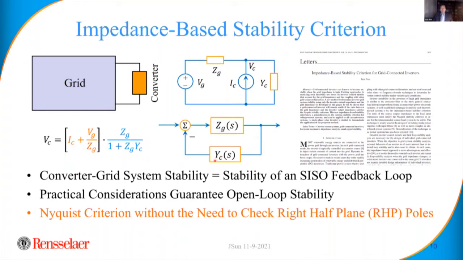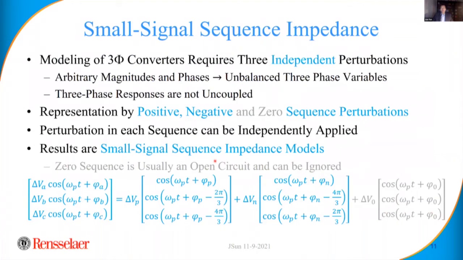Now, when we apply this to a three-phase power system, obviously anything we talk about in the grid is three-phase. So to extend all these mathematical modeling and system analysis methods to three-phase, we need to expand also the concept of impedance. To model a three-phase converter, for example, because there are three phases, we are supposed to apply a small signal perturbation to each phase.